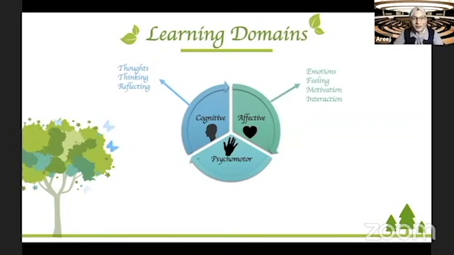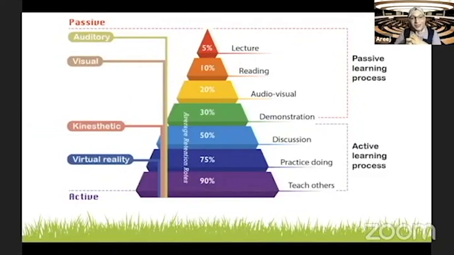The affective domain is focusing mainly on the emotions, the feelings, the motivation, and the interaction of students with each other. And the psychomotor is responsible for the actions, the doing, the creation, the innovation, the invention of new things. So active learning is usually presented in this pyramid.